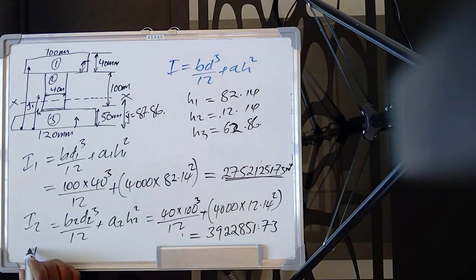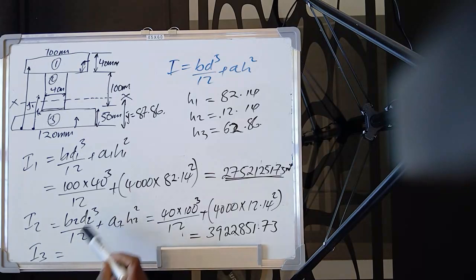Now, what I want you to do is to work out I3. Do the same as what I've done here: B3, D3 to the power 3 over 12 plus A3 H3 squared. I want you, let me hear you in the comment section, or whoever has gotten it correct.